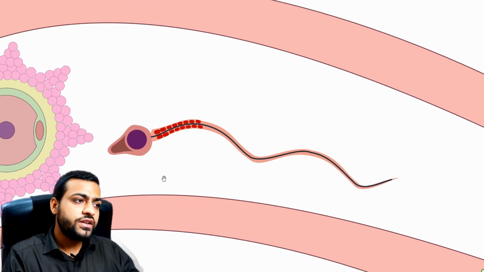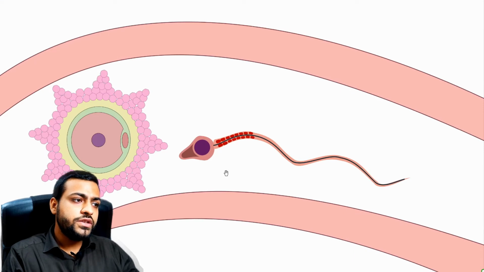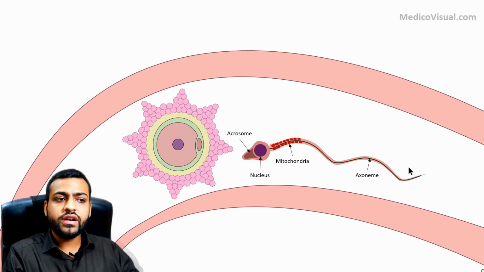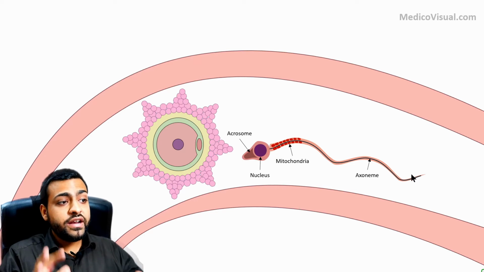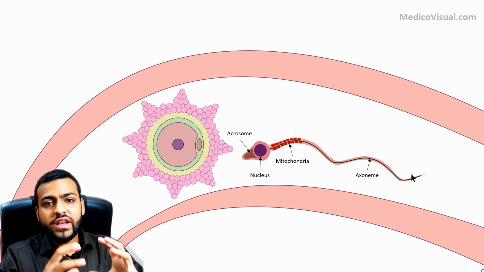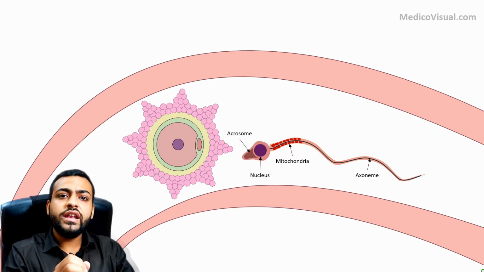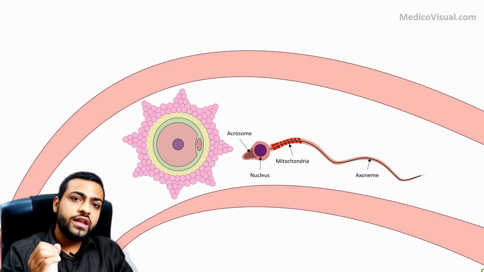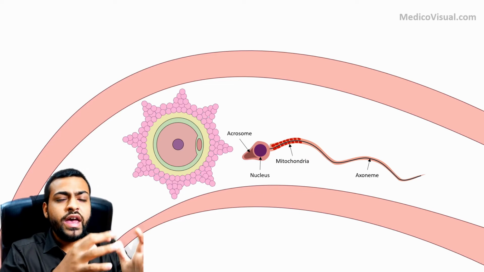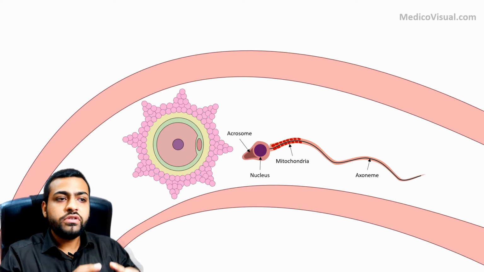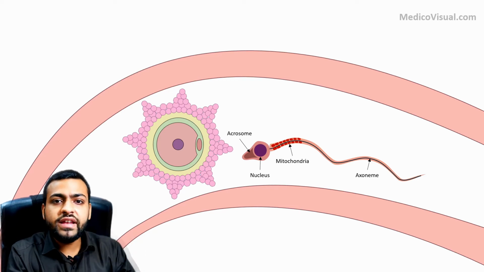So that is the structure of a mature sperm. What it contains: acrosome, nucleus, mitochondria and axoneme. And interestingly, this sperm is very small in size, and it has very few organelles that are very essential for it, and very little cytoplasm is present, and the nucleus is tightly packed, condensed.